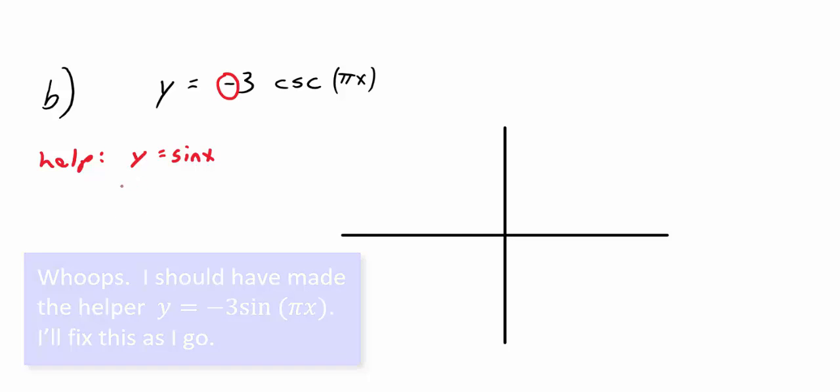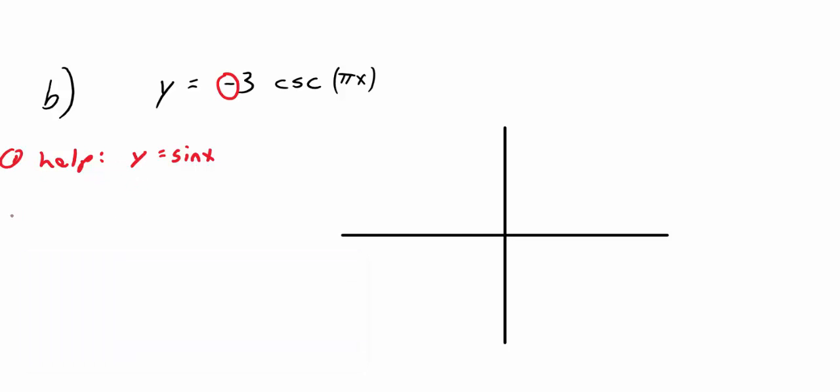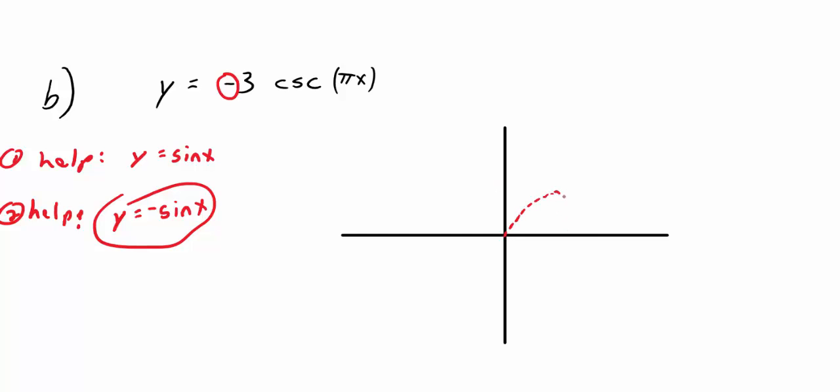So eventually I'm going to have 2 helpers, helper 1 and helper 2. At some point, I'm going to want to plot y equals negative sine x. If you wanted to just jump to y equals negative sine x, that'd be fine. But I'm going to graph a couple of helpers. It will make it a little bit messy, but that's okay. So my first helper, just sine of x.